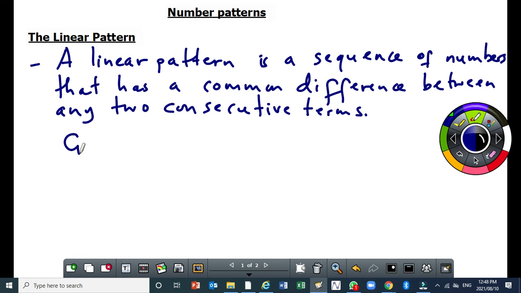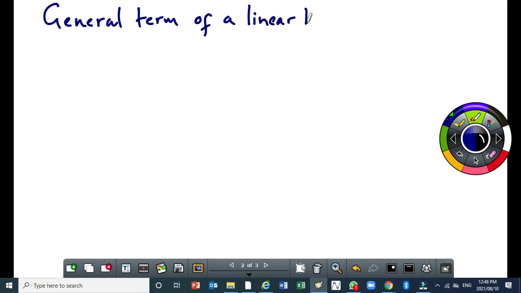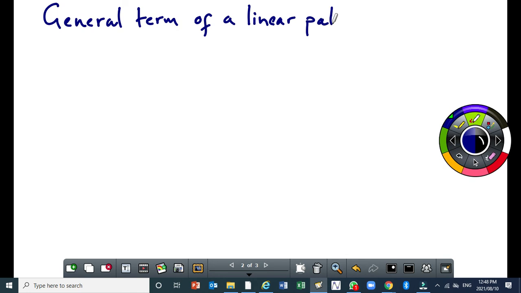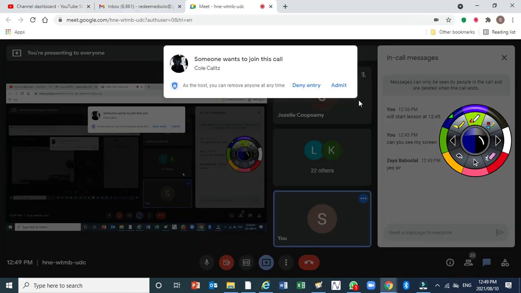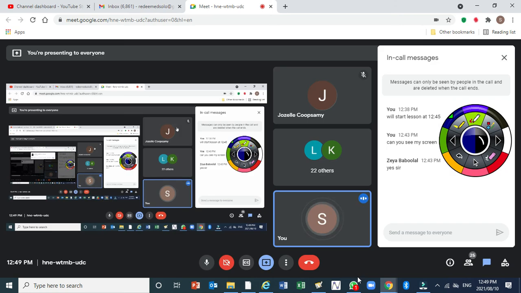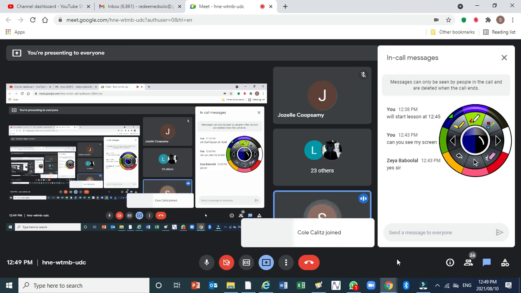Okay, we move on to the next page. General term of a linear pattern. I hope by now, since you did grade 8 and 9, you should know that the term of any sequence is denoted by Tn.